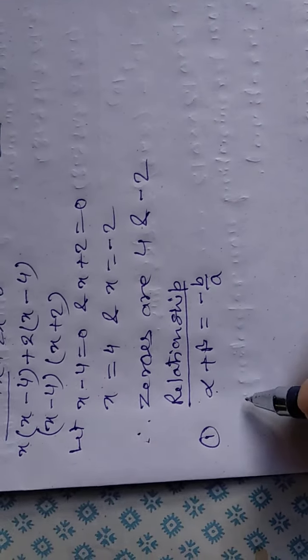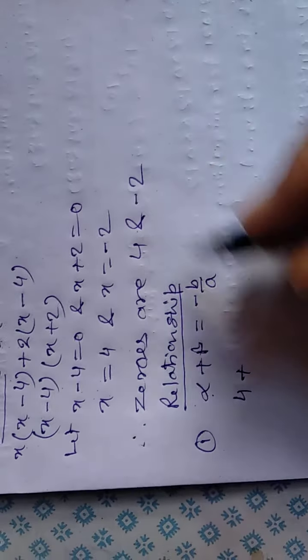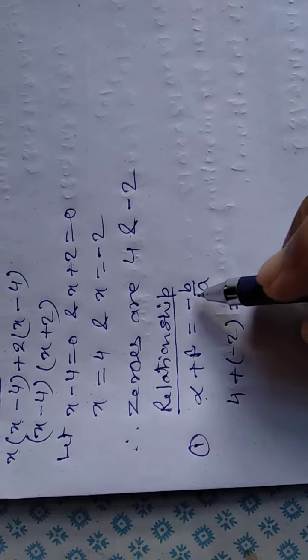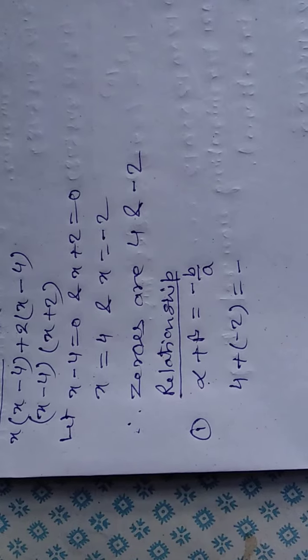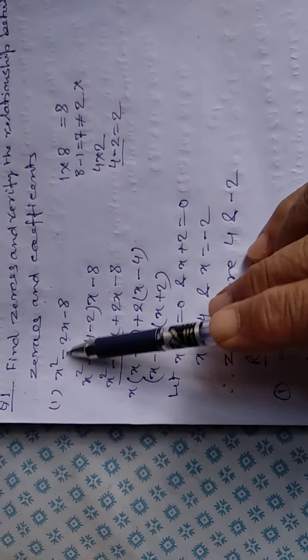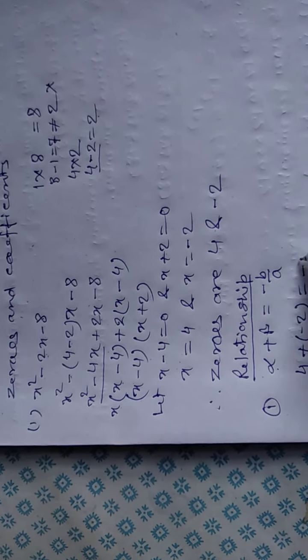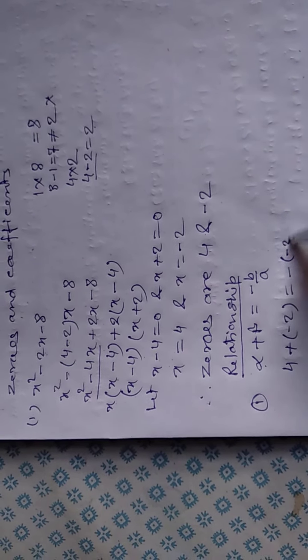Now alpha 4 plus beta minus 2 equal to minus b. What is b? Coefficient of x. Coefficient of x is minus 2. So at the place of b, you will write minus 2.